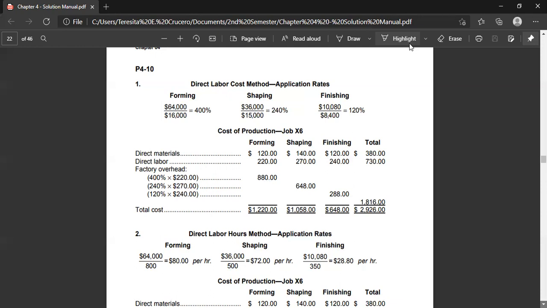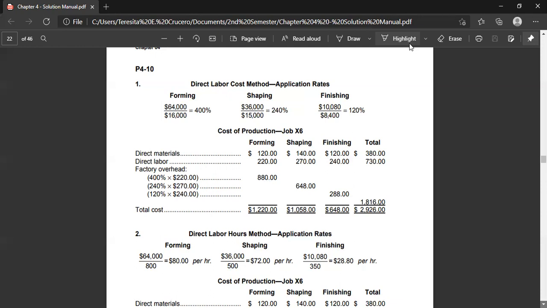For the shipping department it is 36,000 divided by 15,000 direct labor cost, and for finishing it's 10,080 divided by 8,400. So take note that your factory overhead rate is computed based on direct labor cost.